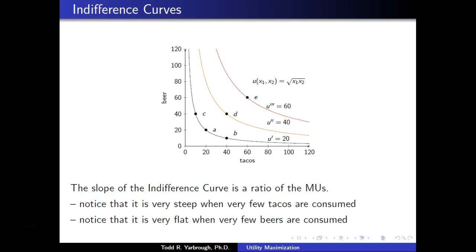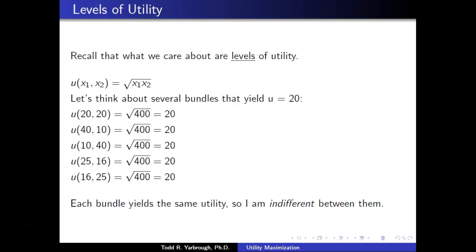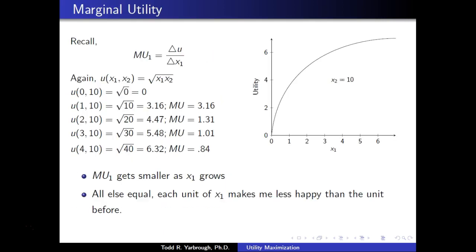And when I say it's shaped by our preferences, I want us to go back for a moment and think about marginal utility again. As we saw previously here, as my consumption of x1 goes up, my utility is rising. And we can see exactly how much it is rising by looking at marginal utilities.